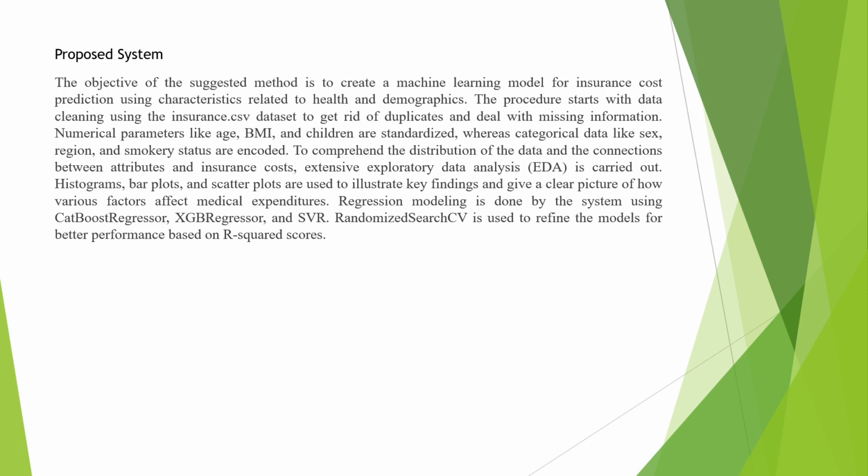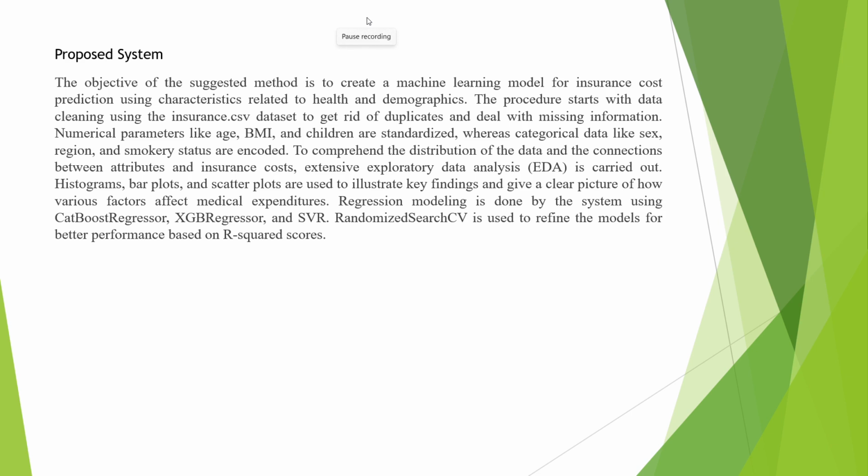Numerical parameters like age, BMI, and children are standardized, whereas categorical data like sex, region, and smoker status are encoded. To comprehend the distribution of the data and the connections between attributes and the insurance costs, extensive exploratory data analysis is carried out.